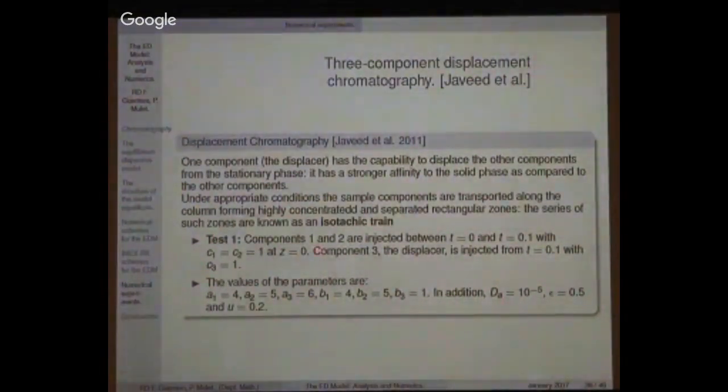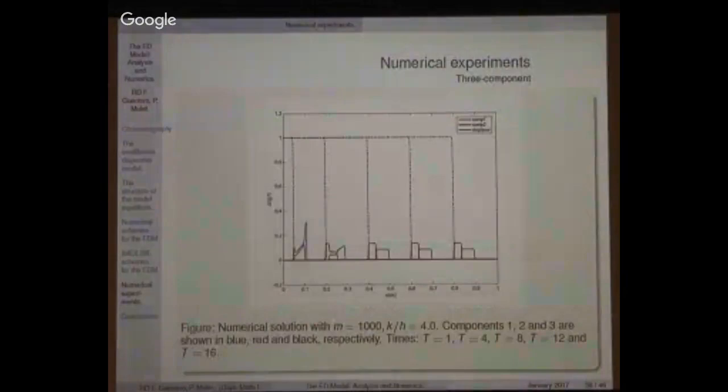So here's a first test, where you have two components injected initially, and then the displacer with concentration equal to 1 at the outlet at the top of the chromatography column, okay? And here are some parameters, the same as before. And here's how the isotachic train is formed.